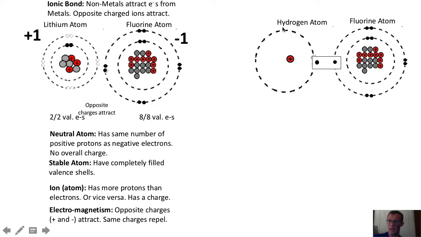So now this hydrogen atom has access to 2 out of 2 valence electrons, and this fluorine atom has access to 2, 4, 6, 8 valence electrons, filling up its valence shell. And so we call this type of bond a covalent bond, literally where valence orbitals come together. Co meaning together, valence meaning the outside shells.